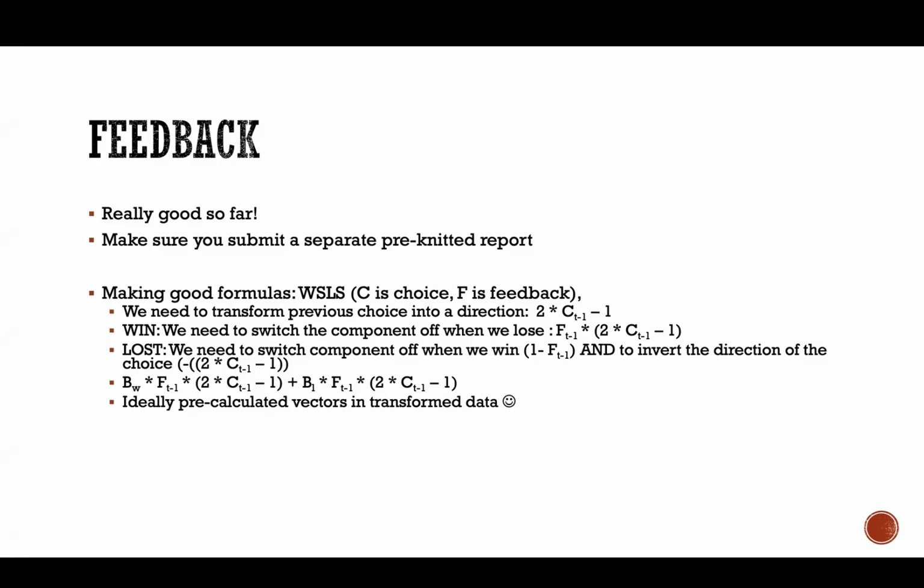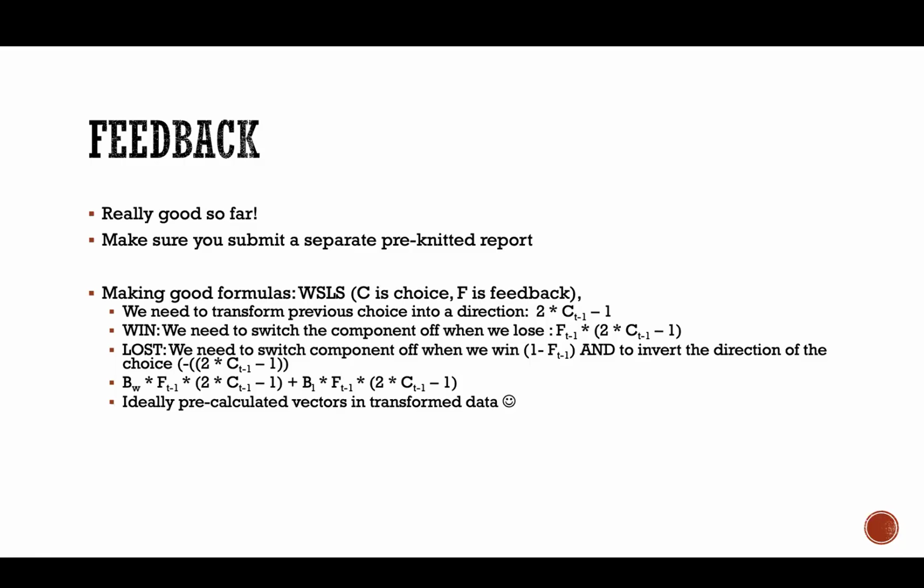And given that we're not coding staying as 1 and shifting as 0, but we're coding right as 1 and left as 0, we need to convert the previous choice into a space where we can move. So if we increase the probability of playing right, we're going in the positive direction. If we're decreasing the probability of playing right, we're going in a negative direction, which means we can convert the previous choice to a positive or negative number.